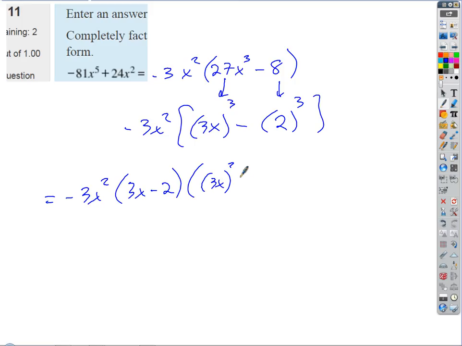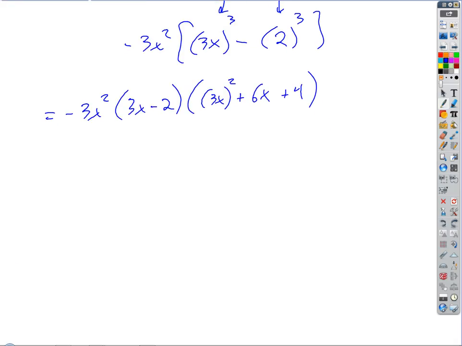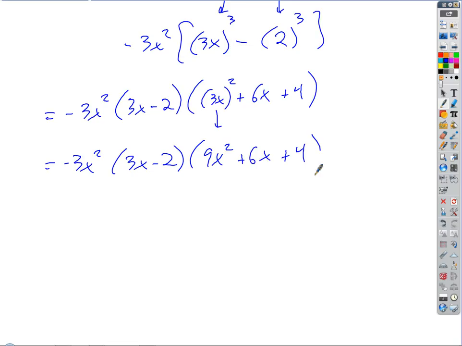So the quantity 3x squared plus 6x plus 4, and so then the last thing we'd have to do, and you can probably combine these steps once you start doing this a little bit, is what is that quantity gonna be when I square it out? That's probably the most common mistake I see on these, is people wanna write that as 3x squared instead of 9x squared. So that's our answer.